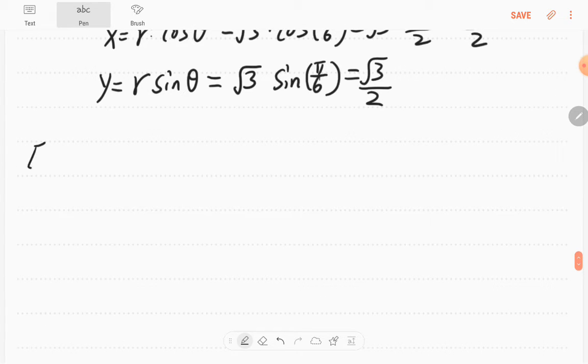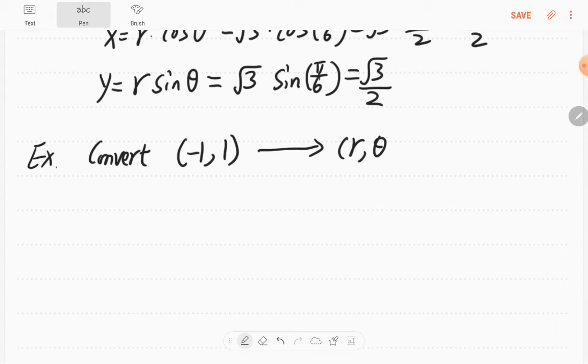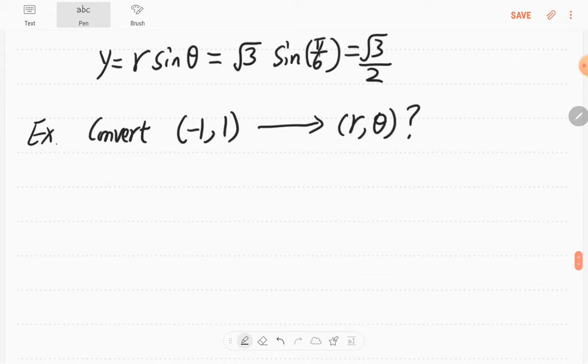So now if we want to convert the point -1 and 1, this is the xy coordinate, to polar coordinates, what are the polar coordinates? Here we know that r squared is equal to x squared plus y squared.